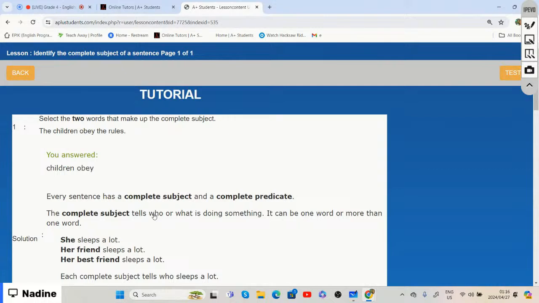All right, so we are now going to select or identify the subjects. It says the children obey the rules. We need to select two words that make up a complete subject.